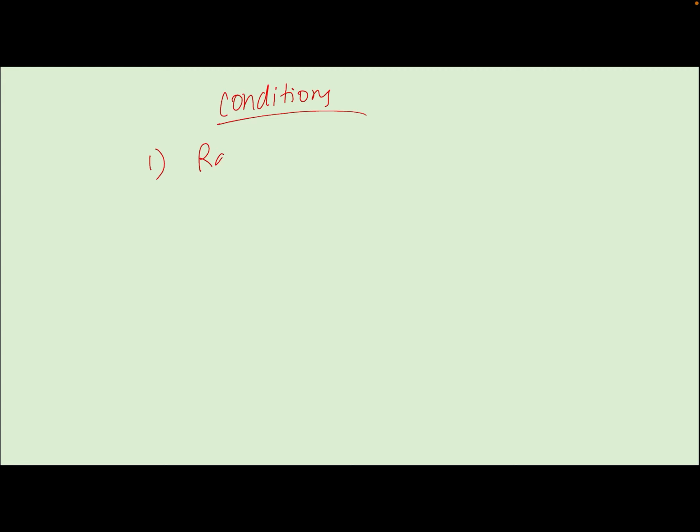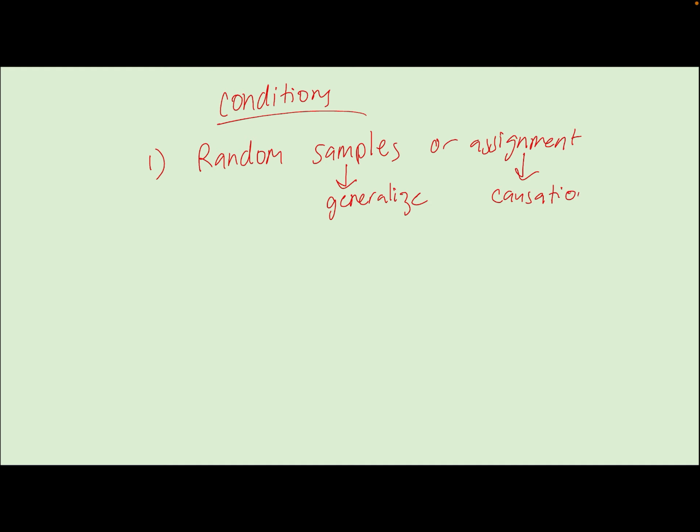So we have to check for random samples or assignment. Basically, random samples would allow you to generalize. Random assignment allows you to show causation. But if you don't have either of those, then you can't really do anything with your results.